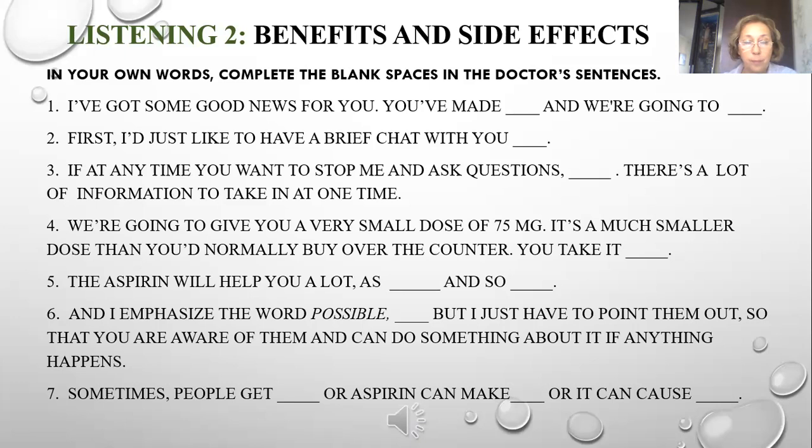Yeah, fine. The first tablet, which I'm sure you're familiar with, is this little white one, aspirin. Yeah. We're going to give you a very small dose of 75 milligrams. It's a much smaller dose than you'd normally buy over the counter. You take it by mouth once a day after a meal from now on. Okay. Why do I need to take it?